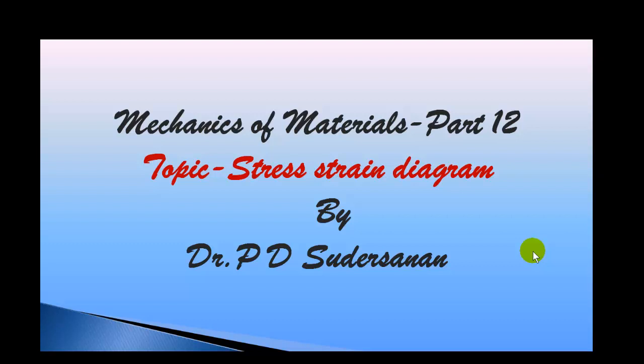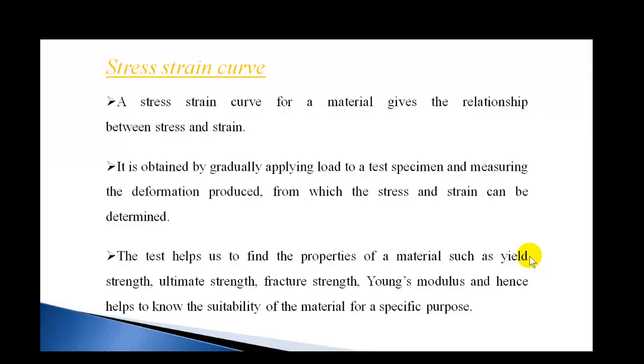In this class, I'll explain the stress strain diagram and introduce the concept of factor of safety. A stress strain curve for a material gives the relationship between stress and strain. To obtain the stress strain diagram, we gradually apply load on a specimen and measure the deformation produced.